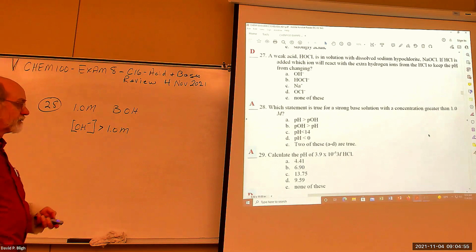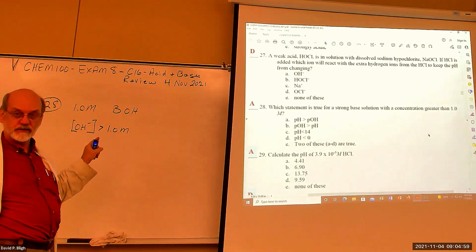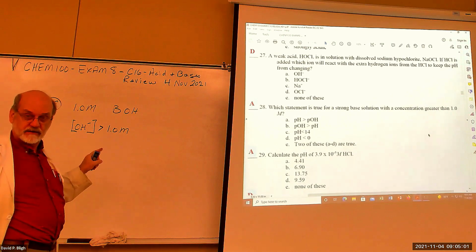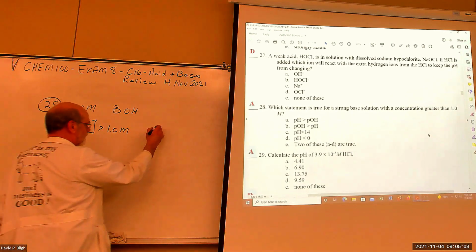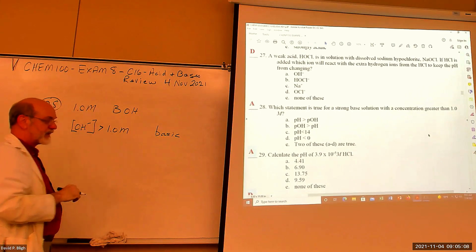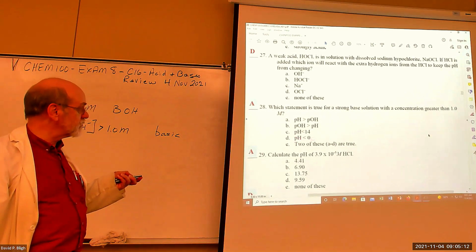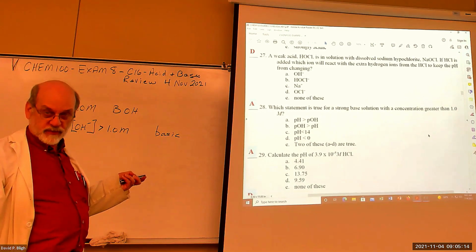Well, let's see. Is this going to be a basic solution or an acidic solution? It's going to be basic, very basic. Basic solution. So that means that the pH cannot be less than 0. That would be acidic.